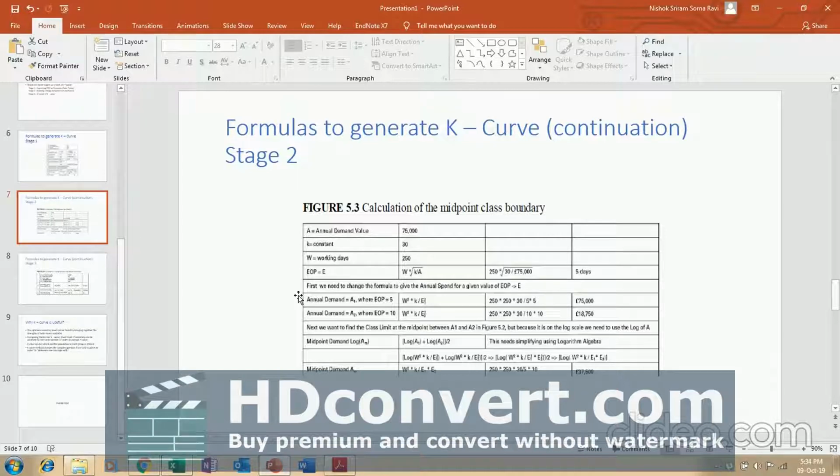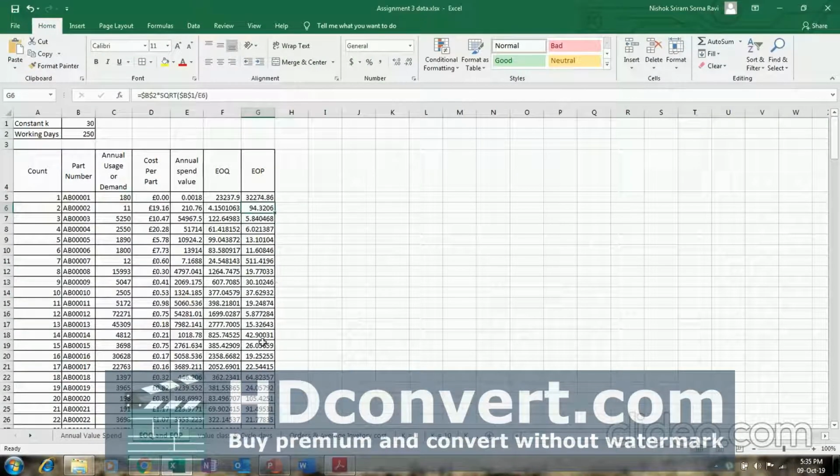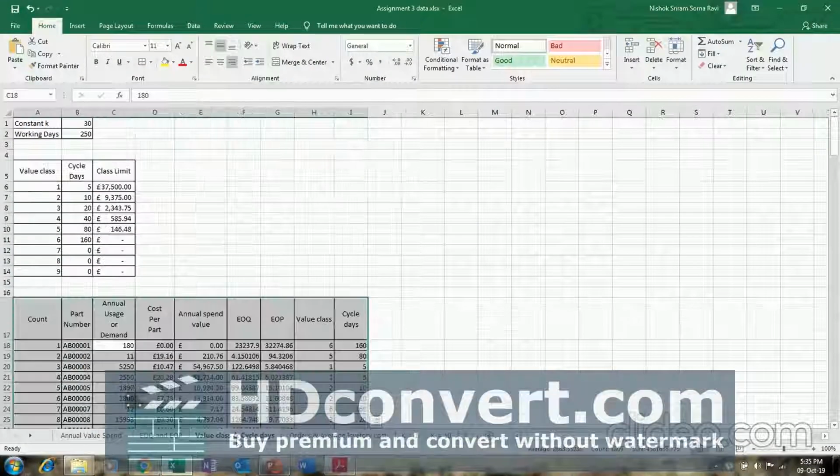Now, if we go back, we found that Pareto is the process of classifying the parts in our inventory into 3 basic forms, like class A, class B, and class C. Class A being the most popular, and class B and C are not high value demanded. We're doing the same in our case, and we need to find the value classes and cycle days.